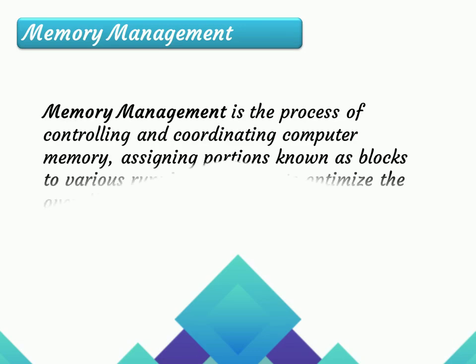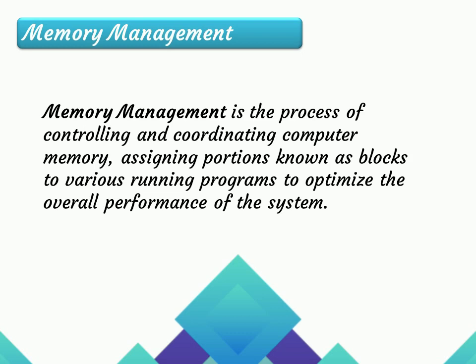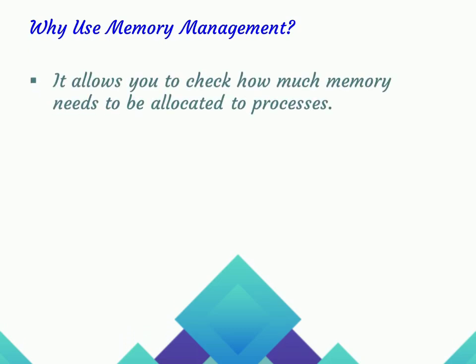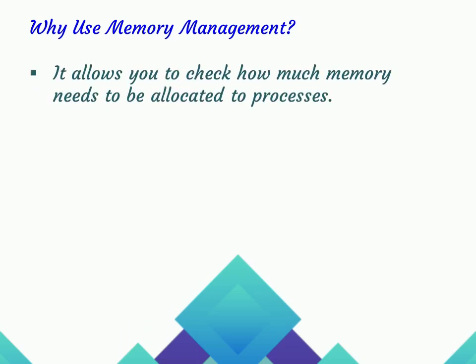A program should be loaded in the main memory to be executed. For memory management, the operating system does the following tasks. So now we will see what the tasks are. Why do we need to use memory management? It allows you to check how much memory needs to be allocated to a process.